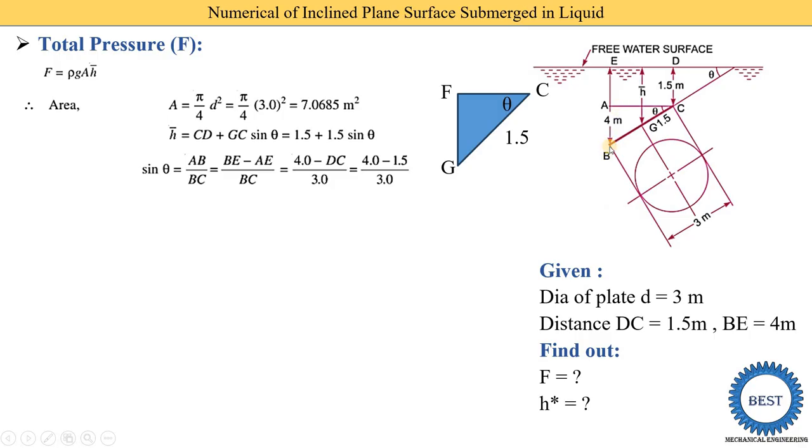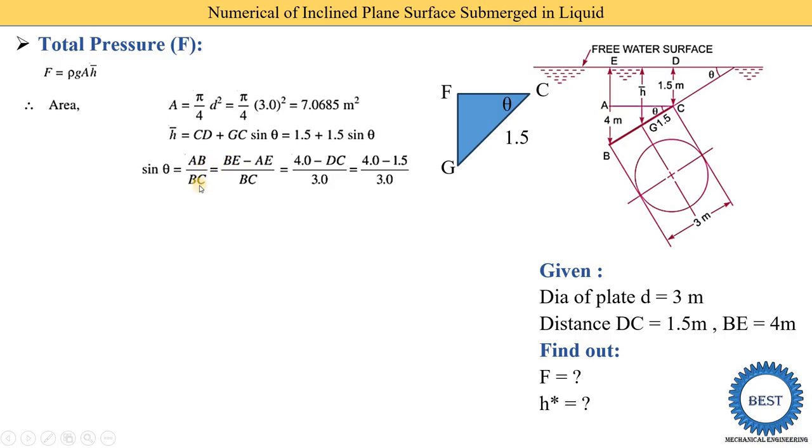Sine theta is equal to A to B, meaning here we make one triangle, that is triangle ACB. Sine theta is equal to opposite side upon hypotenuse.